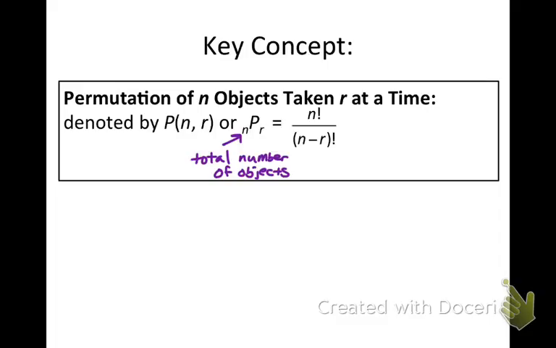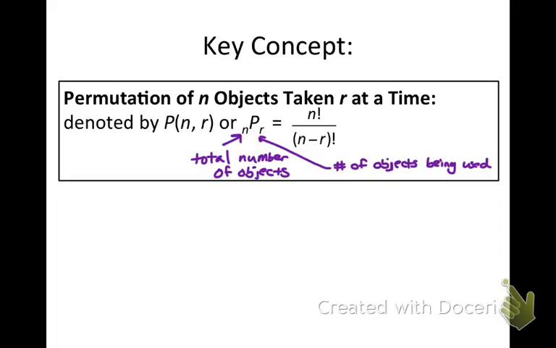We're going to use this formula when I only want to use a specific amount. So n factorial would be used if we used all 5 letters of your name. If I only wanted to use 3 letters out of those 5, I would have to use this formula. And r represents the number of objects being used. So n should always be larger than r.